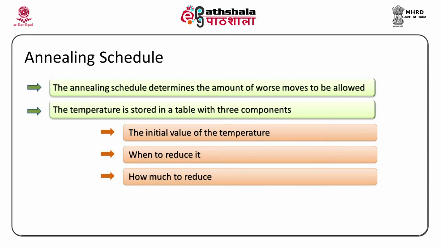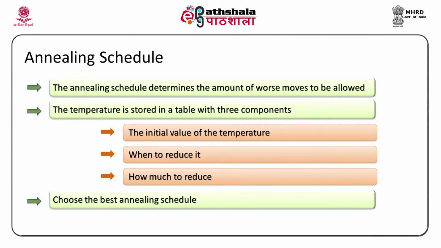For example, initial value is 20, reduce after 10 iterations, reduce by 2. So, 20 will hold for the first 10 iterations, then reduce by 2, and so on. You look at all the answers and pick the best schedule, which gives you the answer in the fastest possible way. So, that is about simulated annealing.